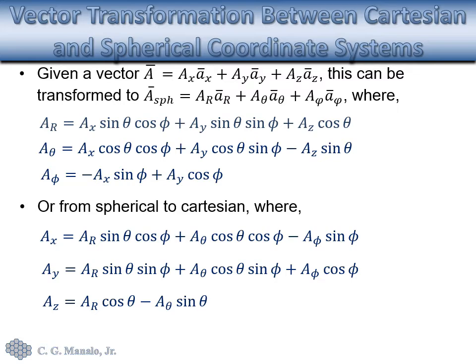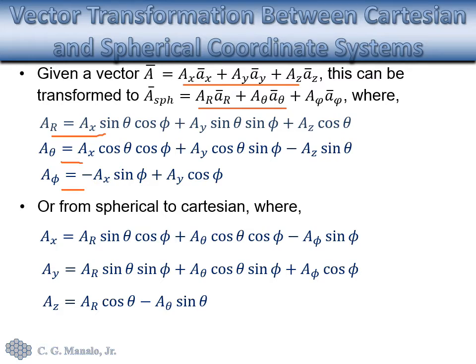So let's say I have a vector expressed in Cartesian coordinate system. To transform it into a spherical coordinate system, we can use these three formulas here.